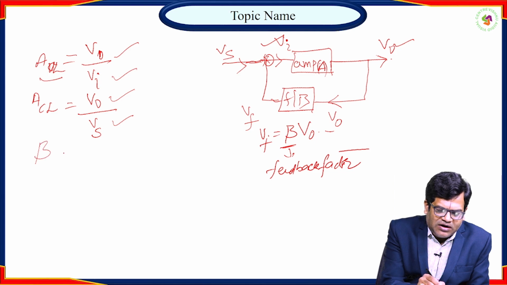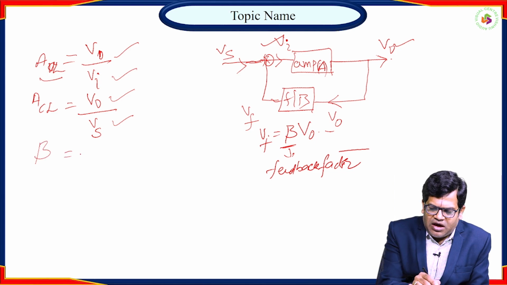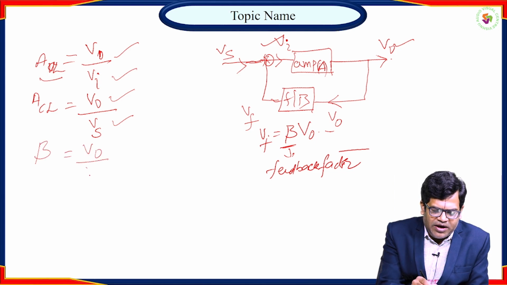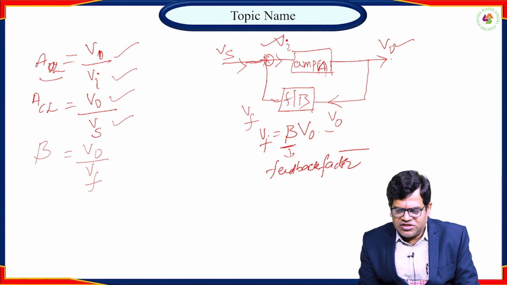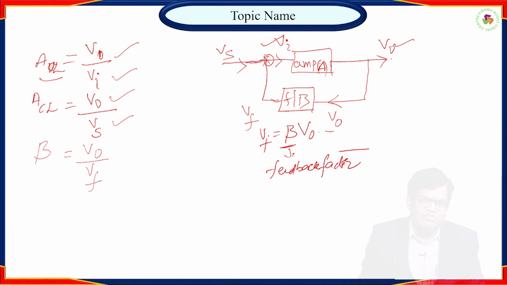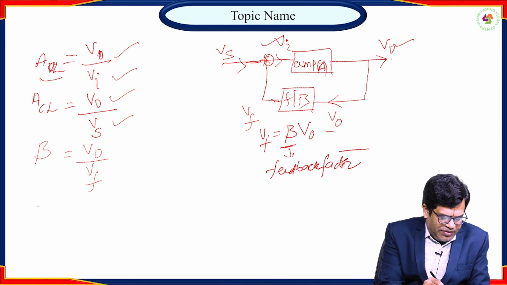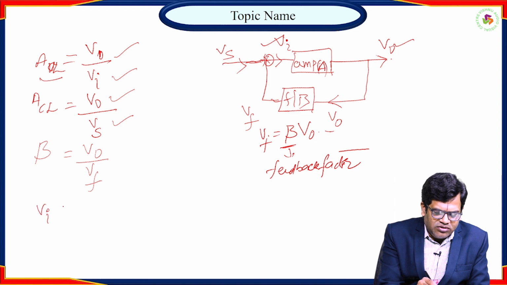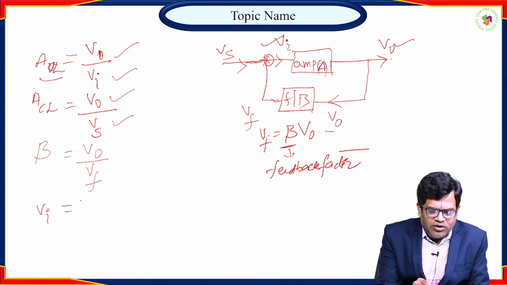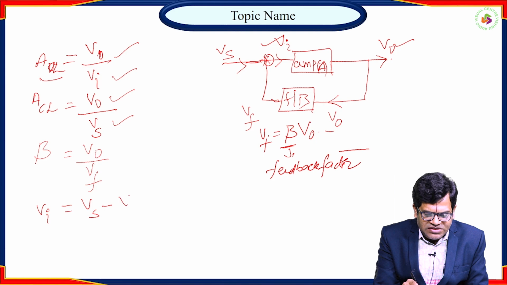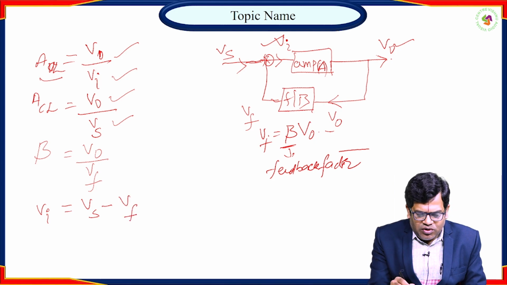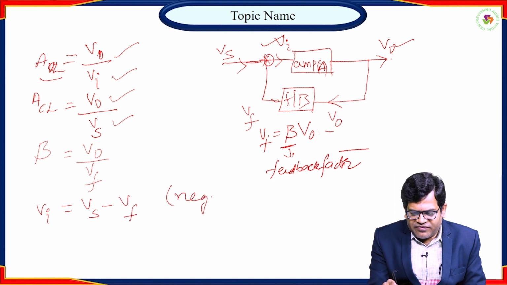And then the feedback factor, as we have defined here, beta is equal to Vf by V0. So where V0 is the input that has been provided to the feedback network and Vf is the output from the feedback network. Now, at the input of the amplifier, we can define the voltage Vi is equal to Vs minus Vf in case of the negative feedback amplifiers.